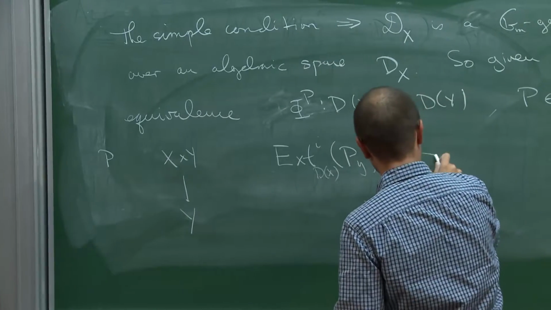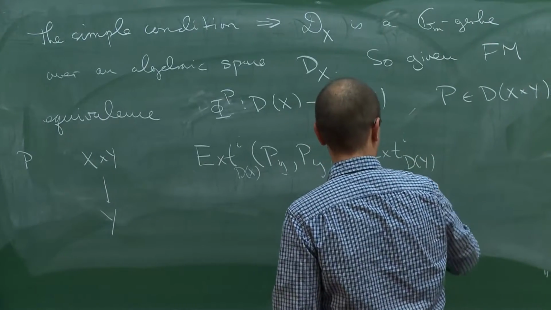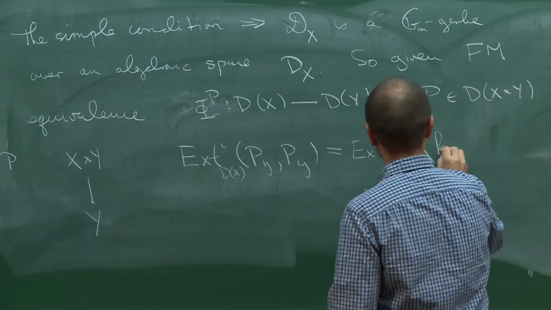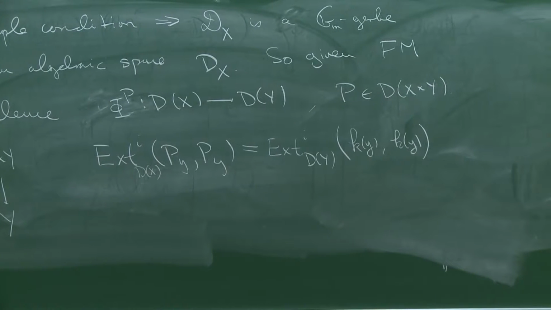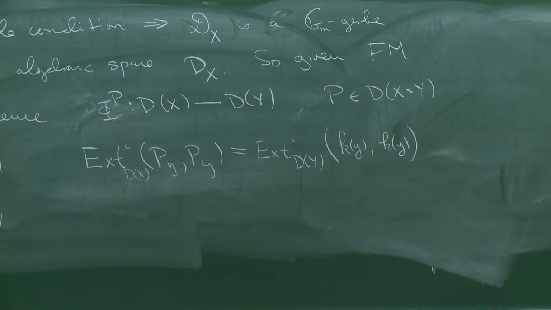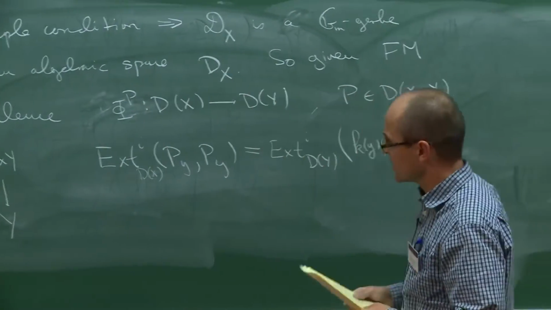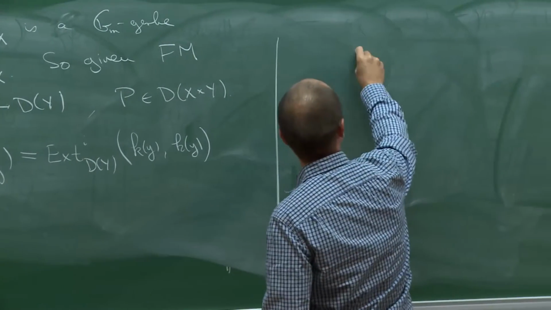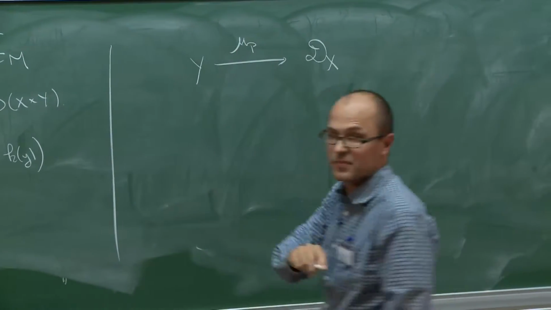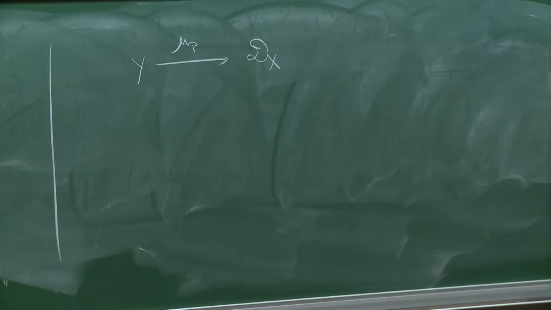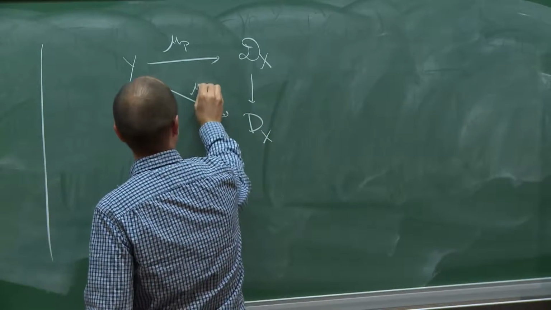But because this is a Fourier-Mukai equivalence, this is the same as Ext^i in D(Y) of k(y), k(y). Okay, so you can bring it to the triangulated category on the other side. So these conditions are actually easy to verify when you have a Fourier-Mukai equivalence. And so what you end up with is a map from Y to the stack, let's say mu_P, and let me call this mu_P bar.